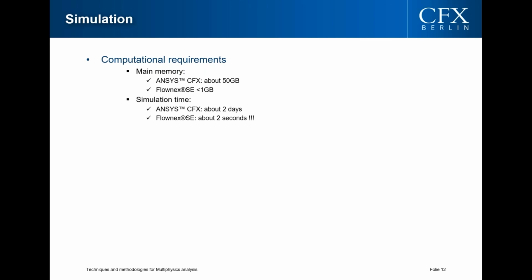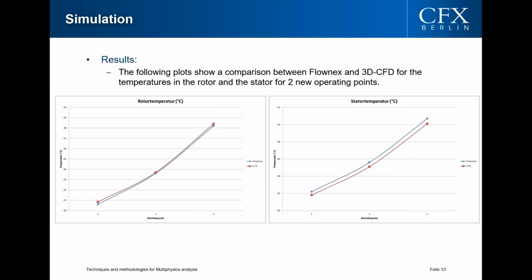So the strategy here was to generate a model with Flownex. In order to validate this model for only one operating point, we did one 3D simulation for this operating point so that we had a good model. And then, of course, with this validated model, you can do some other simulations and calculate some other operating points.